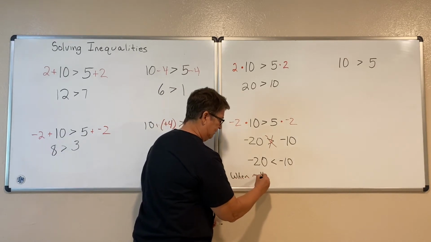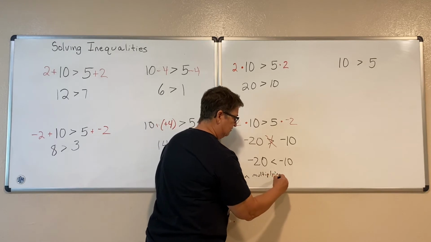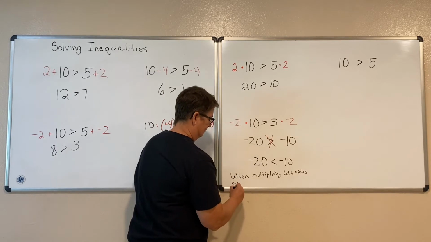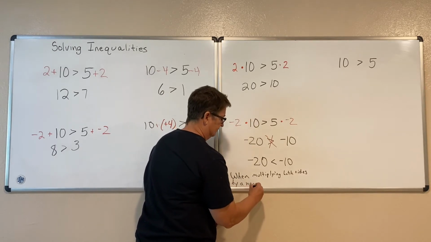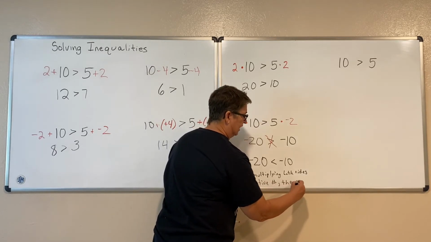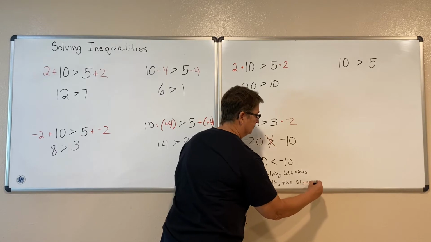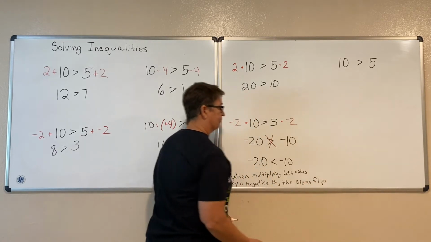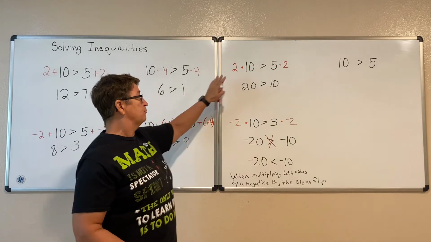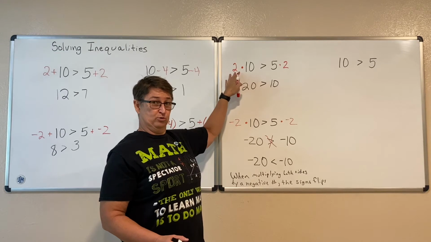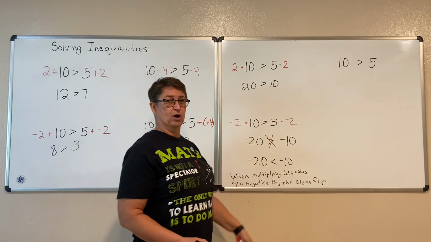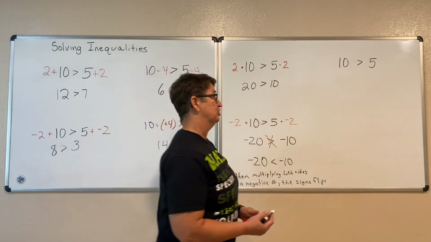When multiplying both sides by a negative number, the inequality sign flips. So addition's fine, subtraction's fine, multiplying by a positive number was fine, but multiplying by a negative number, we have to flip our inequality. Let's look at division.